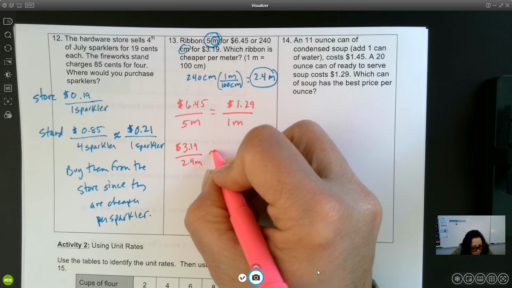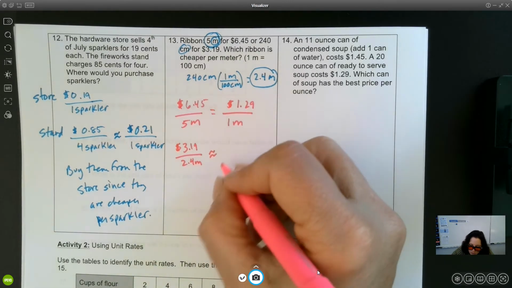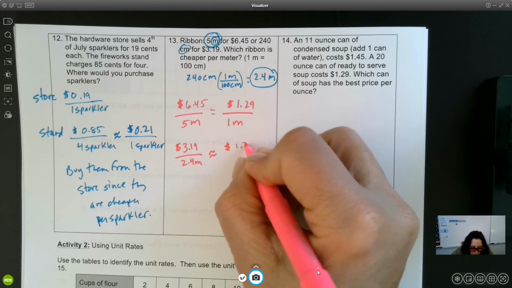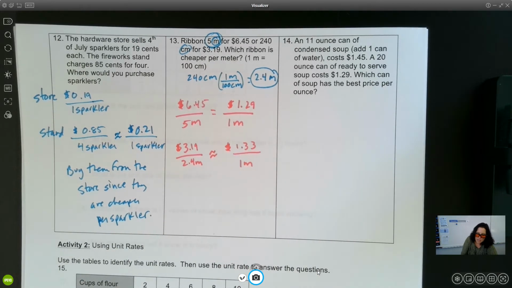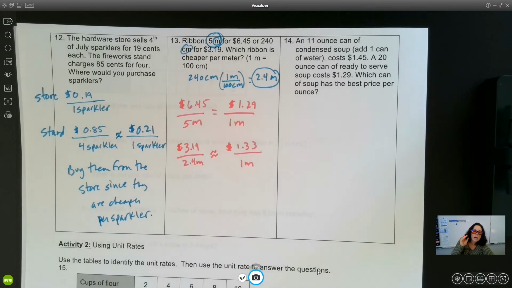And this one came out to be roughly, I rounded, $1.33 for 1 meter. Okay, so the better deal is going to be the cheaper amount on top. If you did it the other way around, you're looking for the larger number of meters for your buck.